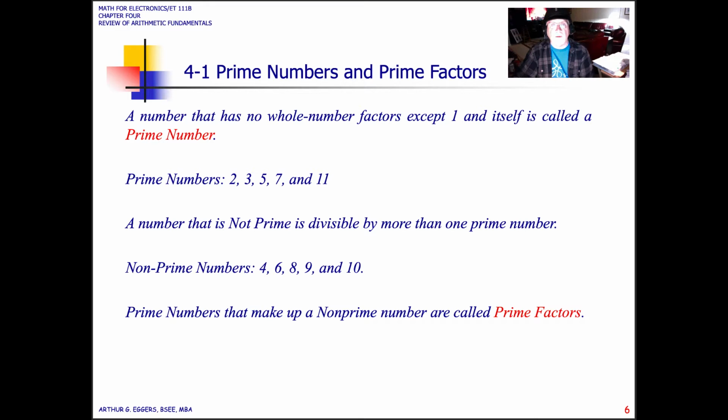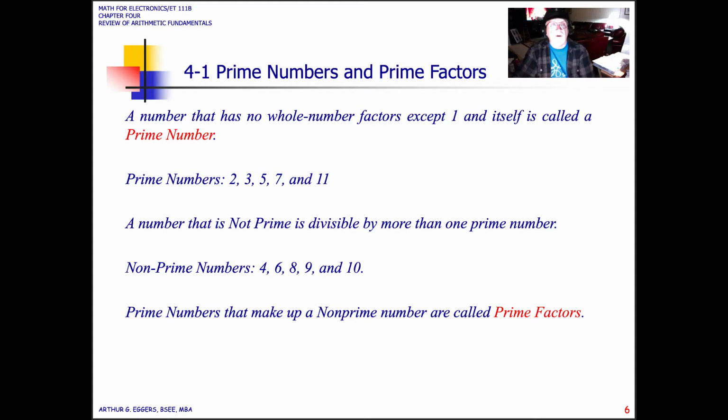Identify all the prime numbers between 1 and 100, and your teacher made you identify these: 2, 3, 5, 7, 11, 13, all the way up the line until you got to 100. It was just to give you an idea of numbers that could not be factored down. They are as small as they can get.